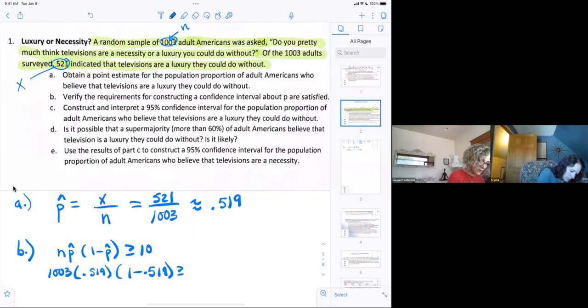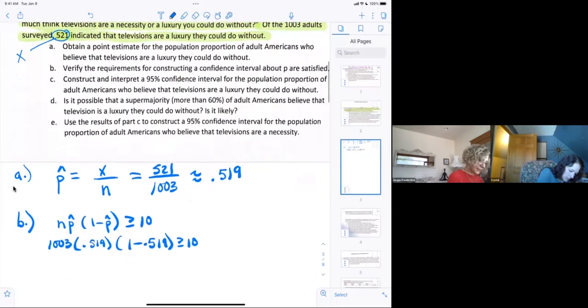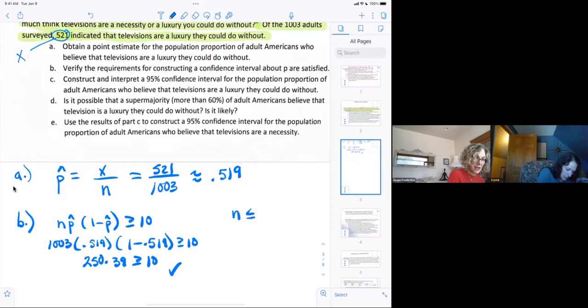Is that greater than or equal to 10? When you multiply this out, you get 250.39, and that certainly is greater than or equal to 10. So that first requirement checks. And then you also want to ask, is my sample size smaller than 5% of the population size?